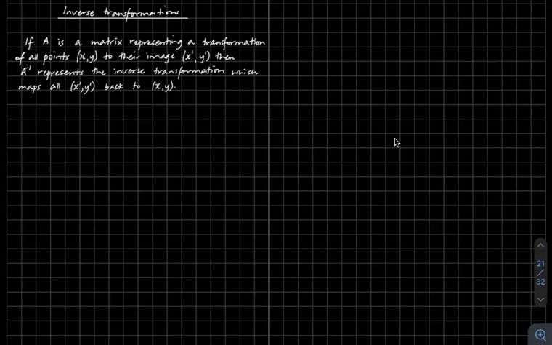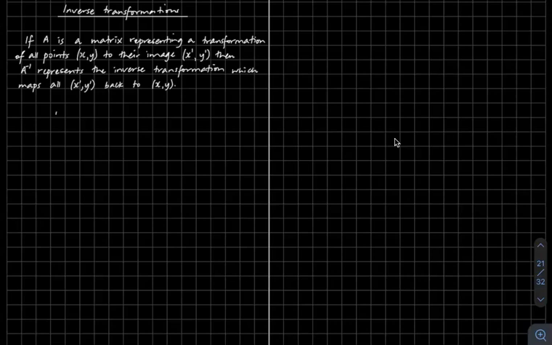So then A inverse represents the inverse transformation which maps all x dash y dash back to their original points. And what that statement is saying is that if we have a matrix for the original transformation, then it's the inverse of that matrix which will perform the inverse transformation. So let's think about that algebraically for a moment and see why that's the case.